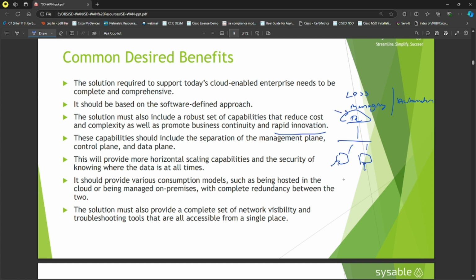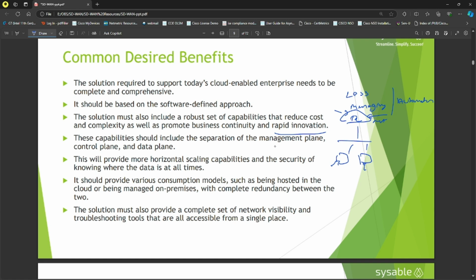If you want to manage the device, you will access it using the management plane, which relies on the same device. Control plane means the device itself is making the decision on how to forward the packets. Data plane means the device itself is doing the path lookup and forwarding the packet.